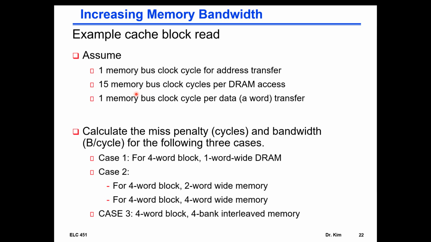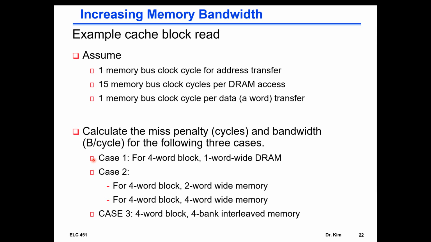Here the reference is the bus cycle between the processor and the cache. And let's say that there is a bus clock cycle for the actual transfer. How would you calculate the miss penalty if you have a miss?